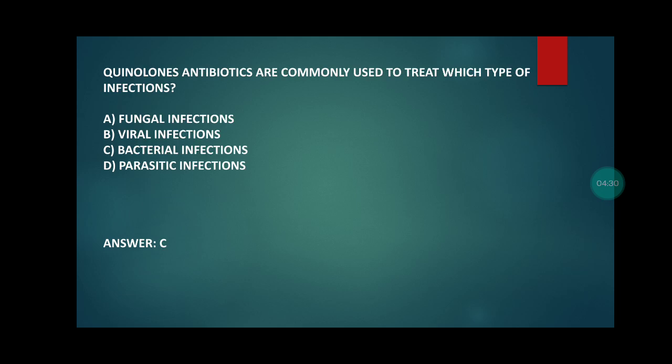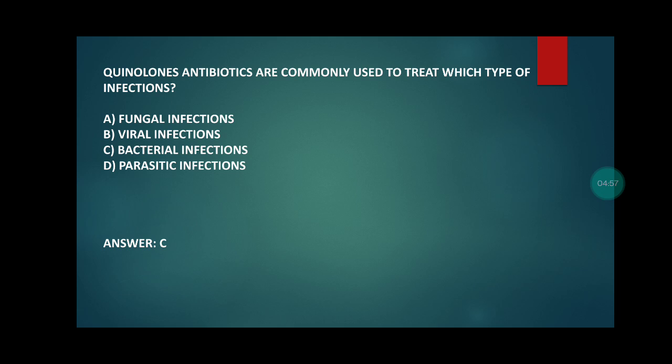Then the third question. Quinolone antibiotics are commonly used to treat which type of infections? A. Fungal infections, B. Viral infections, C. Bacterial infections, or D. Parasitic infections. As we have seen earlier, the quinolone family acts mainly on bacteria, gram positive or gram negative.